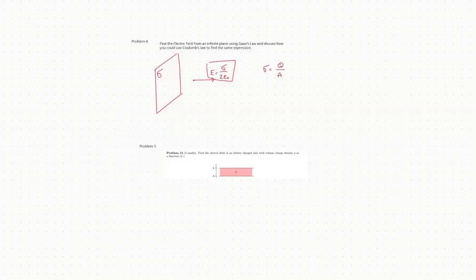If you have a charged plate, it produces a uniform electric field, and at any distance away from the plane, it would be the same field, which is very nice.